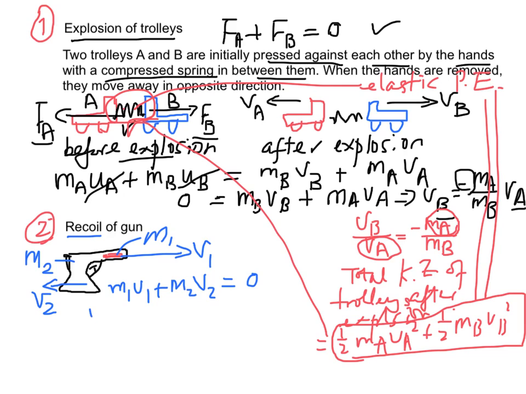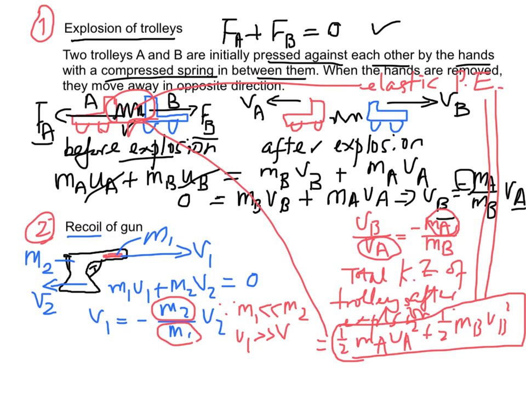That is v1 equal to negative m2 over m1 times v2. Since the mass of the bullet m1 is much less than the mass of the gun m2, the speed of the bullet v1 will be much higher than the recoil speed of the gun v2.